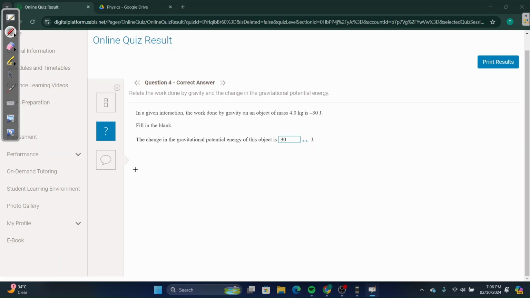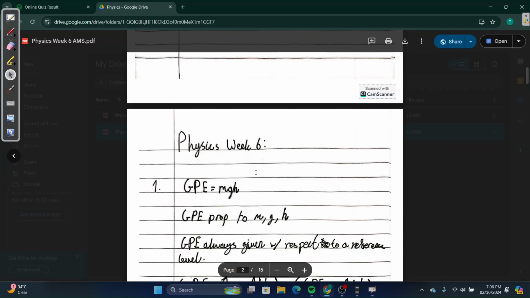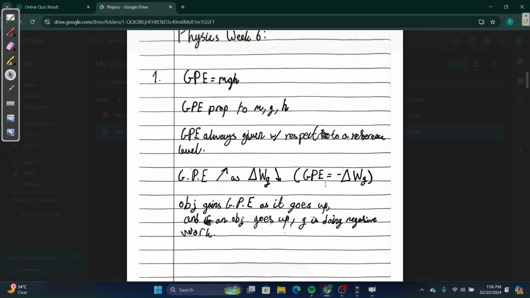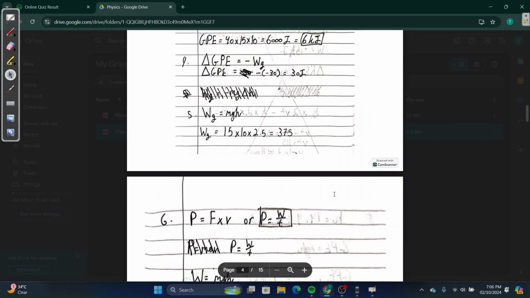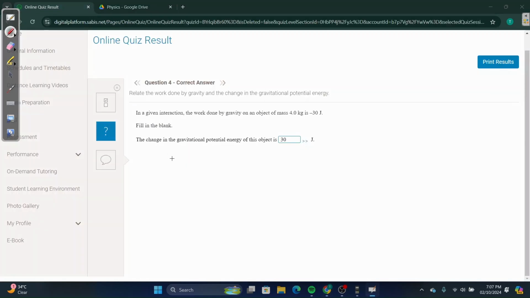I'll repeat question 19. In a given interaction, the work done by gravity is... okay, this is an application of what we found in the first one. Delta GPE equals negative WG, where WG is the work done by gravity. Delta GPE is equal to the negative of WG, and GPE itself is the inverse basically.